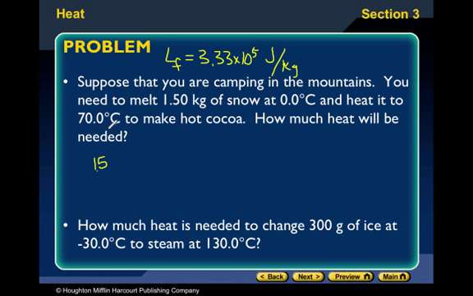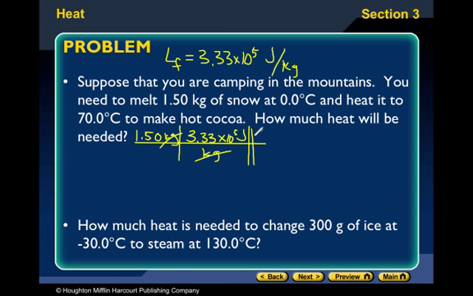I prefer using conversion. So you have 3.33 times 10 to the 5th joules per kilogram. That way your kilograms cancel.